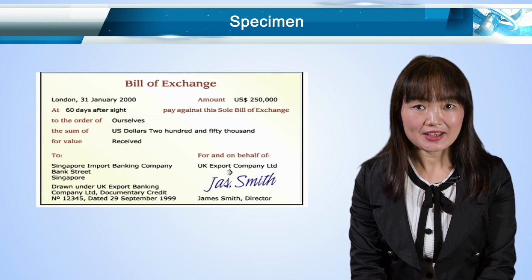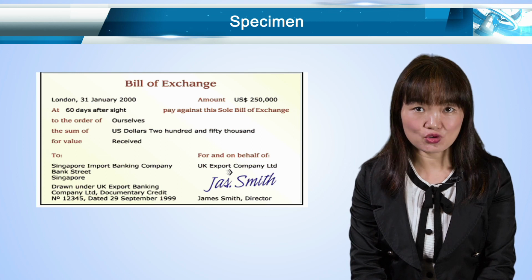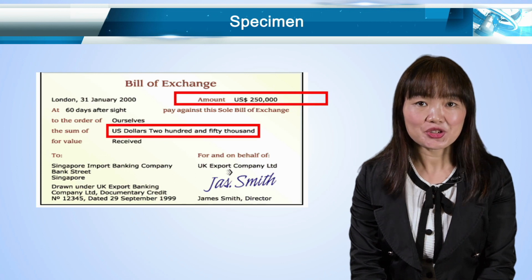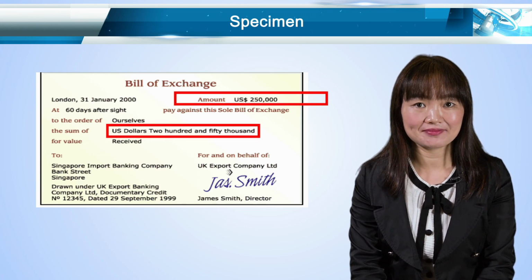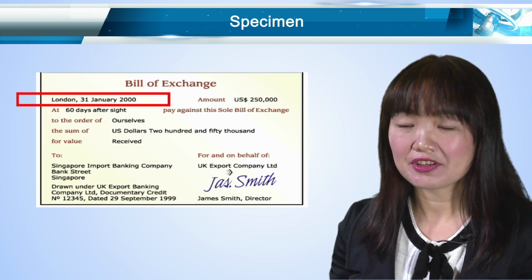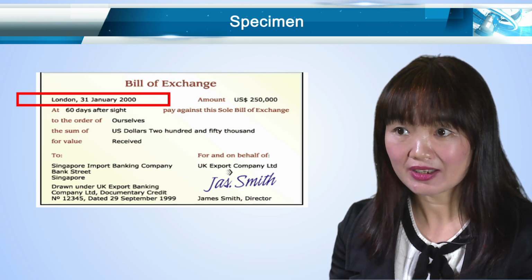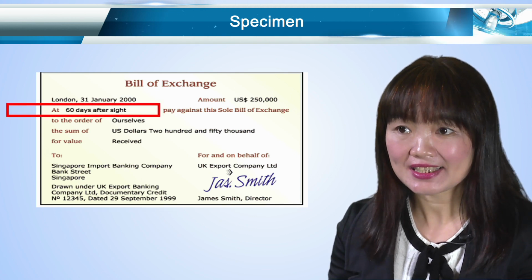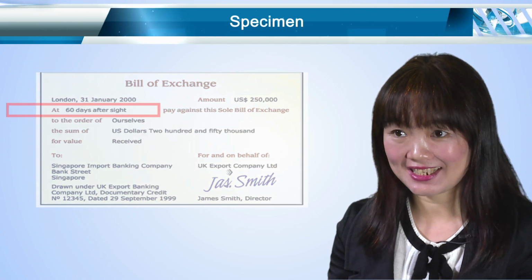Fourthly, the amount is definitely and clearly shown, both in figures and words, US dollars 250,000. Fifthly, date of writing is 31st January 2000, clear. Last, the duration is definite in 60 days after sight.